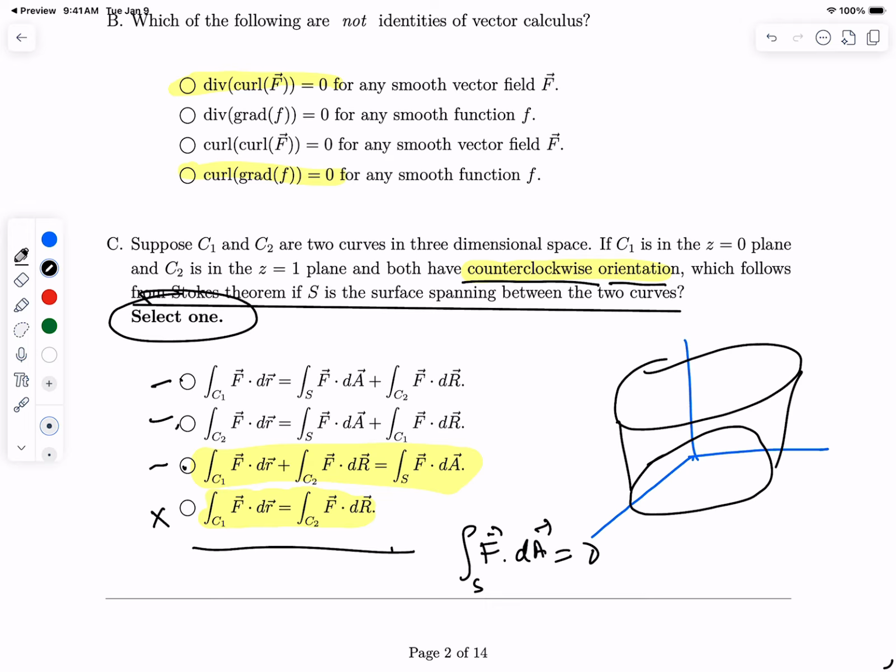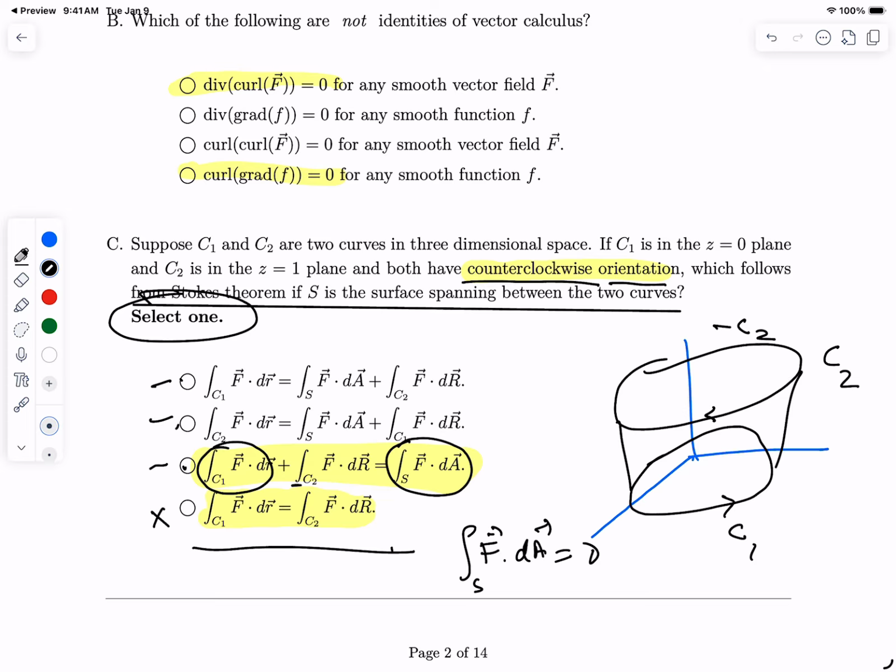We know that if this orientation is counterclockwise on C1, the orientation on this one would be counterclockwise on C2. But C2 is clockwise, so maybe let me call that curve negative C2. So the flux through S should be equal to C1 plus negative C2.